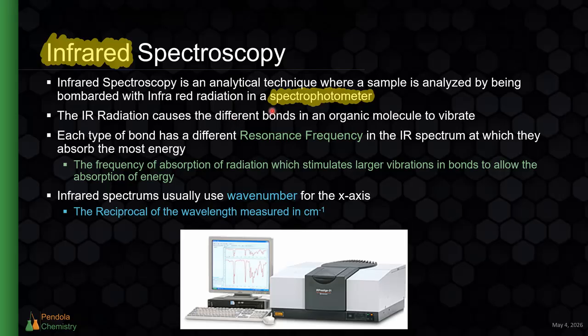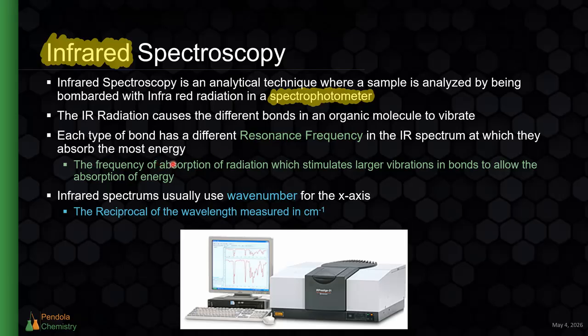Different bonds in organic chemistry, whether that's a carbon-carbon bond, the carbon-carbon double bond, the carbon-oxygen double bond in a carbonyl group, or the OH bond in a hydroxyl alcohol group, are going to have different wavelengths, or what we call resonance frequencies. So essentially, every different bond in an organic compound is going to absorb infrared radiation at a different resonance frequency.